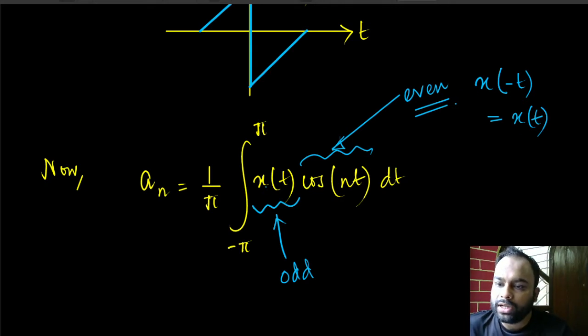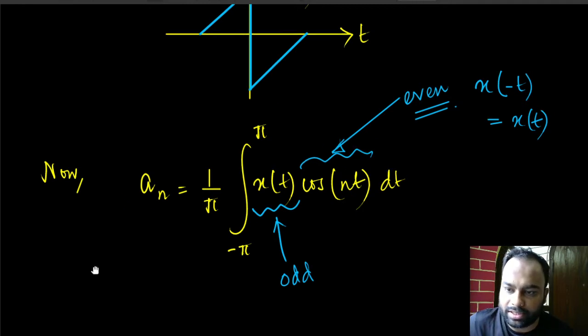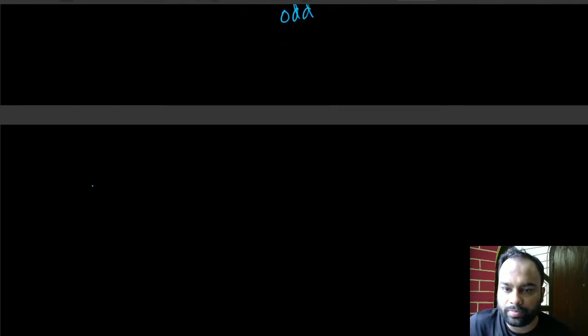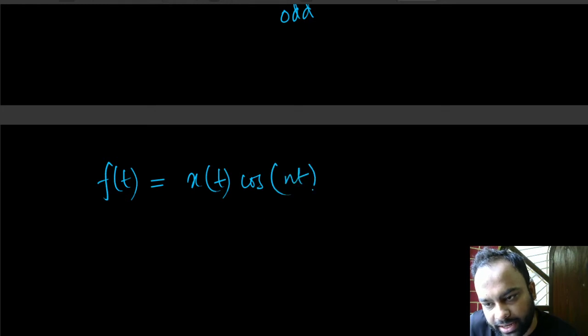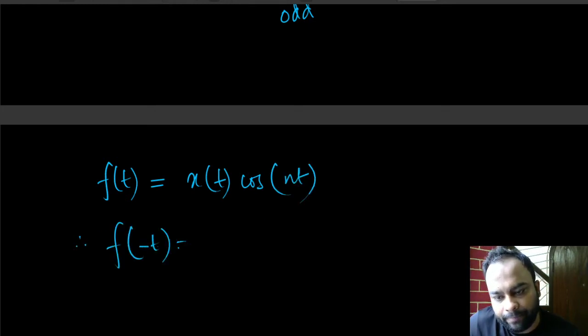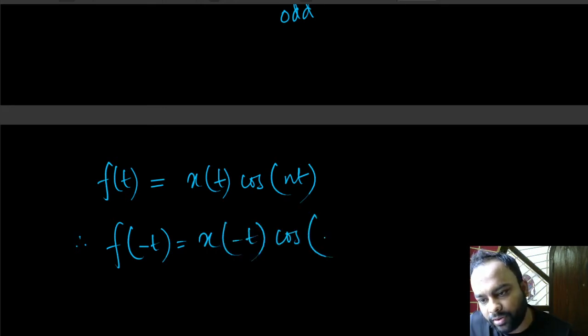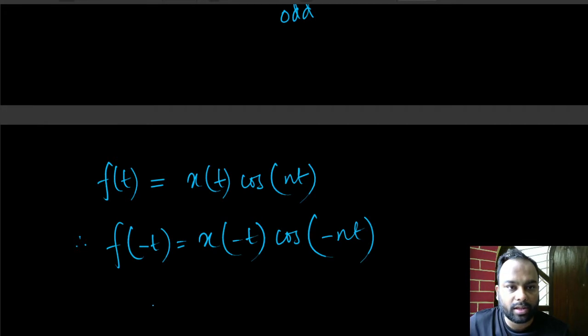So of course, if we take a minus sign on everything, for example, consider f(t) to be x(t) into cos of nt, right? Then f of minus t would be x of minus t cos of minus nt.